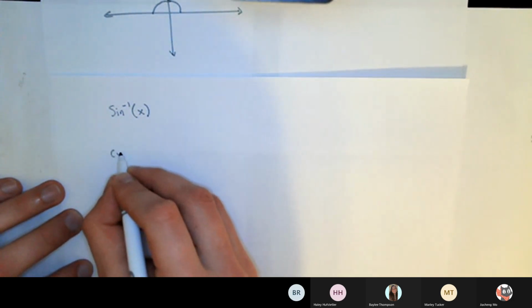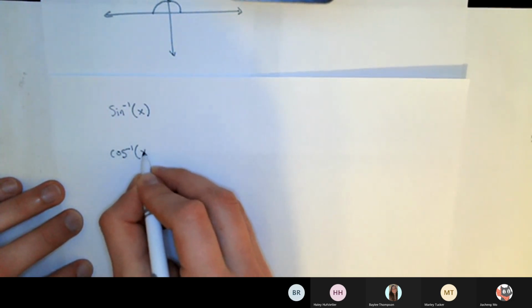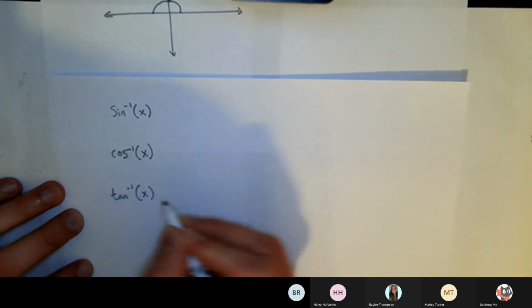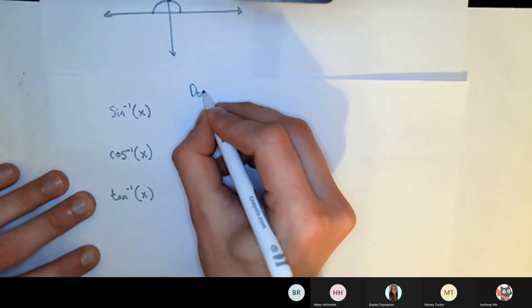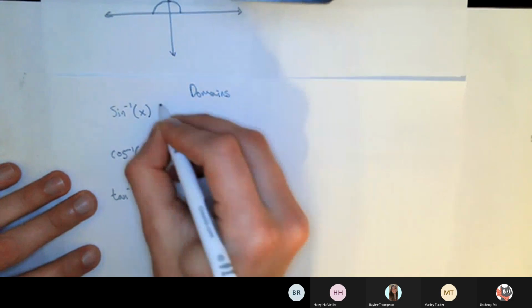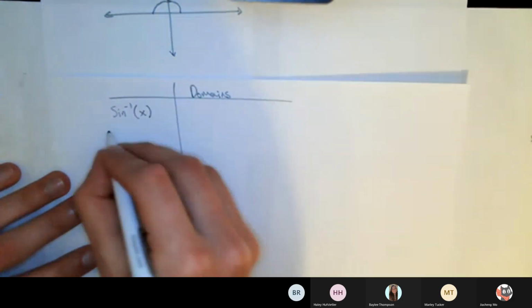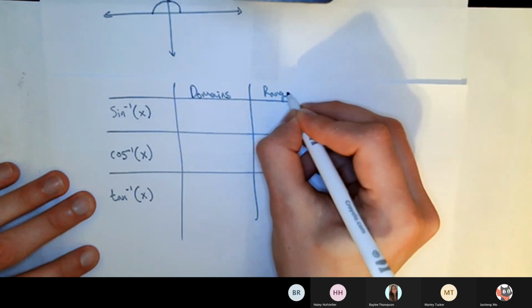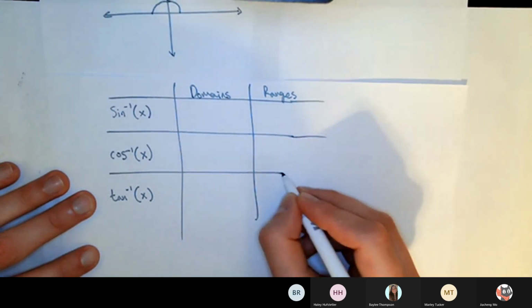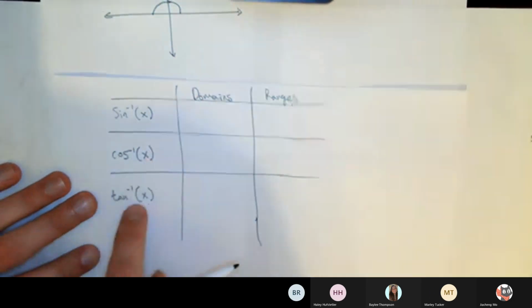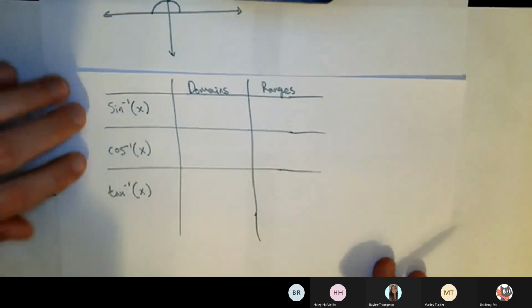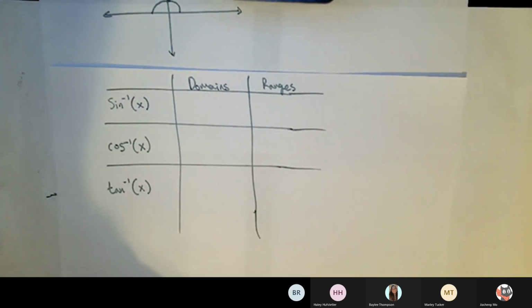I'll explain why it's x and not theta in a second. Cosine inverse of x and tangent inverse of x. Let me just get these domains and ranges down. And then we'll talk a little bit more about the notation here with the x and what the inverse functions do in general.